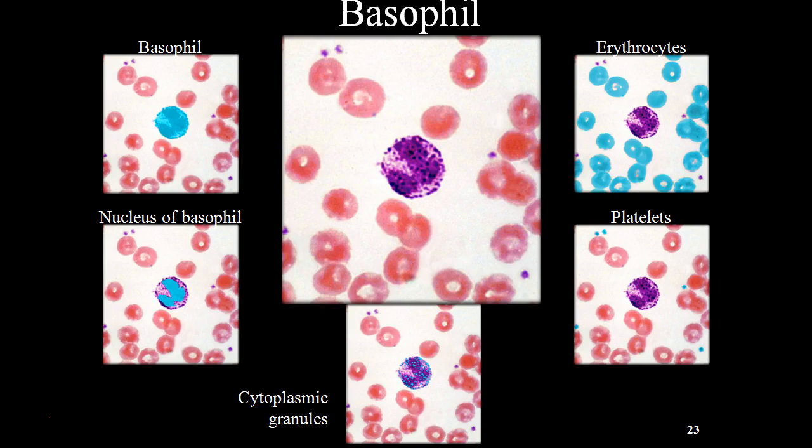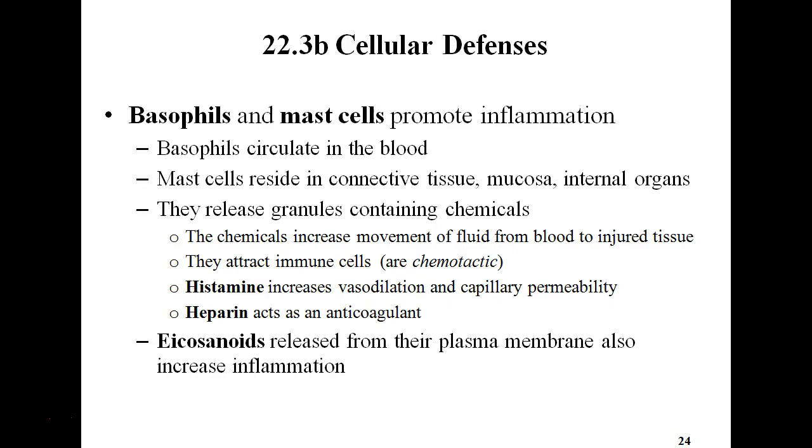Another leukocyte that's going to help out the human body are basophils. Basophils and mast cells promote inflammation. These basophils and mast cells produce chemicals like histamine and heparin, and these are going to promote inflammation. Histamine is going to cause vasodilation and also capillary permeability.